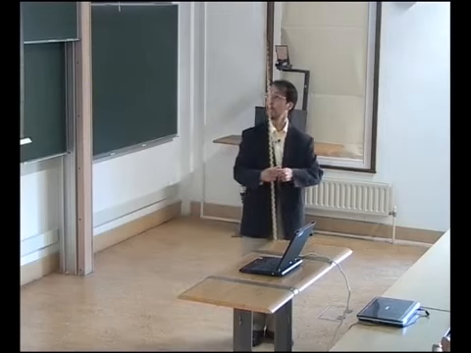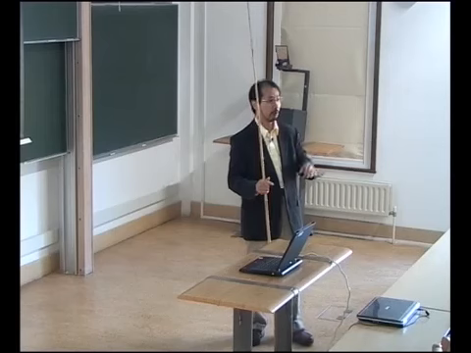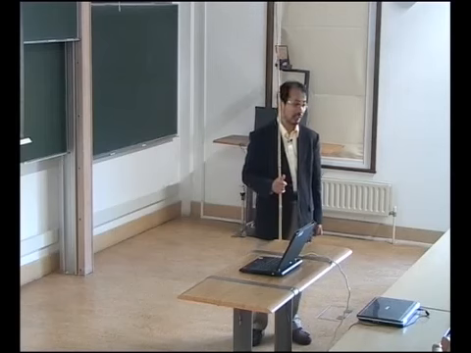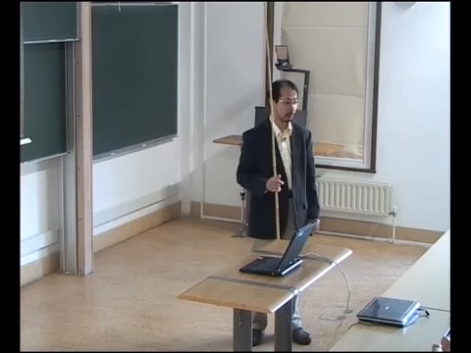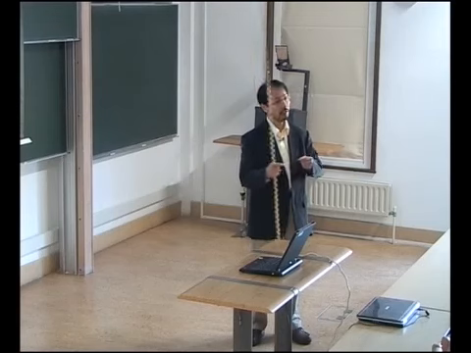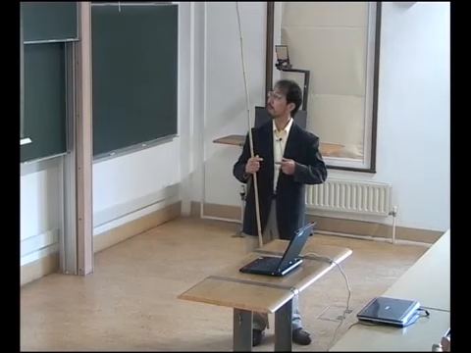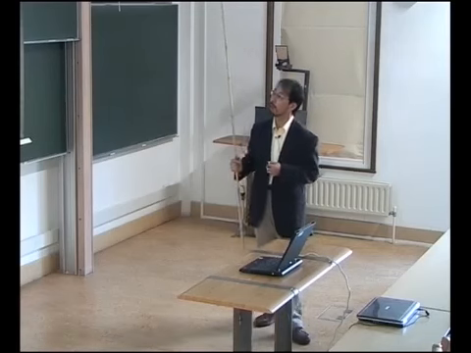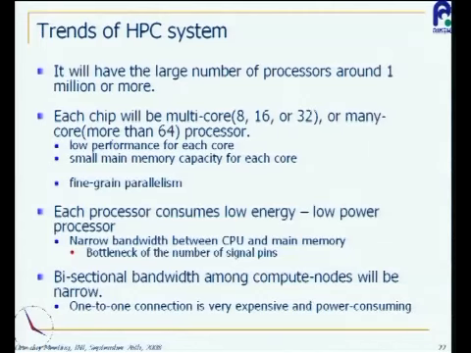Because there is a bottleneck in the number of signal pins on one CPU, and also to decrease the electricity, we have to decrease the signal lines between the CPU and main memory. So those processors have a narrow bandwidth between CPU and main memory.